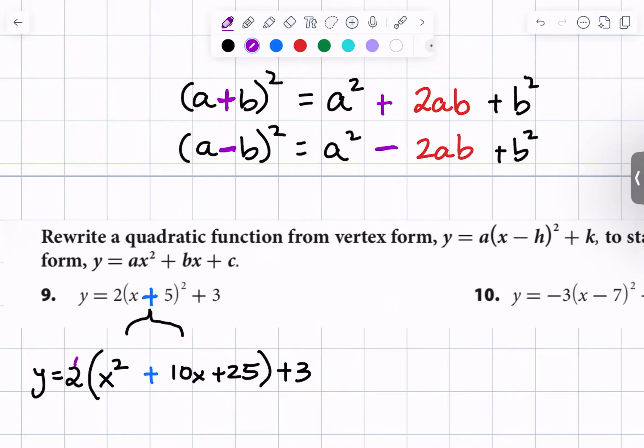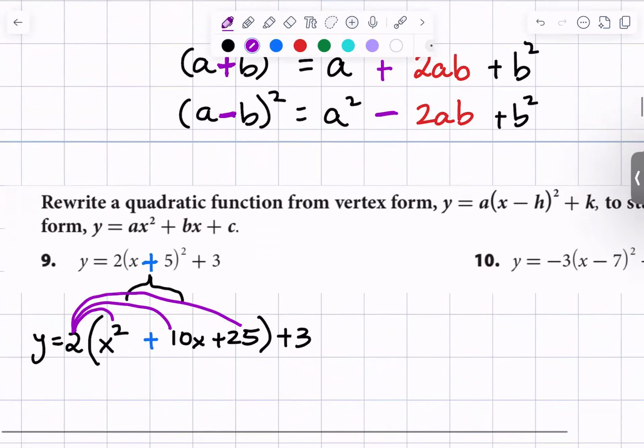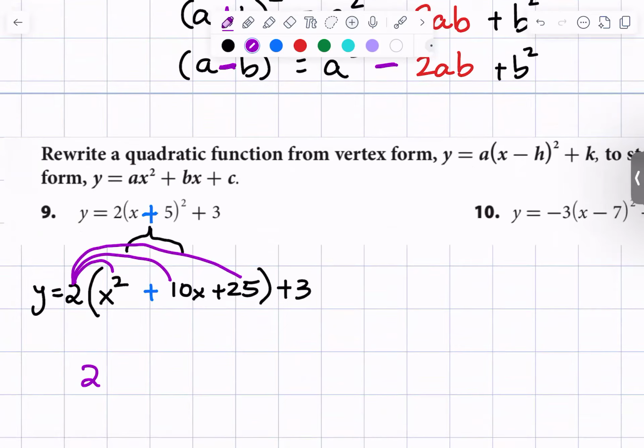Now here with this 2, I'm going to distribute that out. So that will give me 2x squared plus 20x plus 50 plus, and then everything else will just come down, equals y.